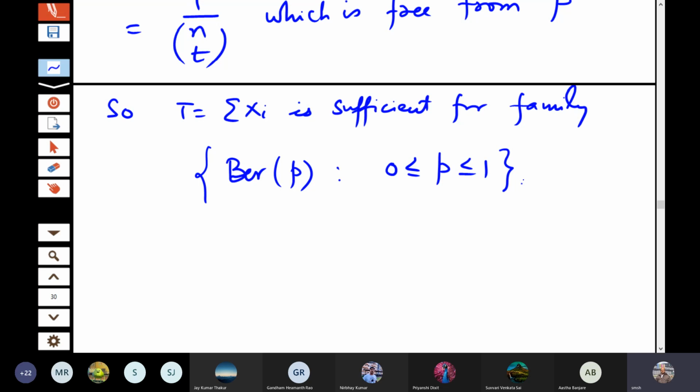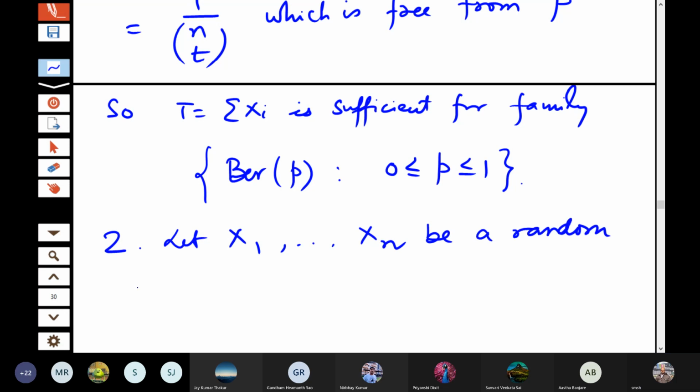So I will take another example, which is again a very similar example, and you can appreciate that also, in the sense that you can actually tell me what will be the sufficient statistics without my calculation. So suppose I am considering the Poisson lambda distribution.